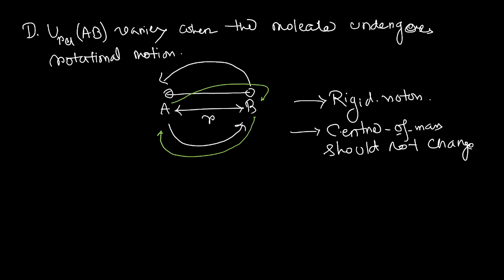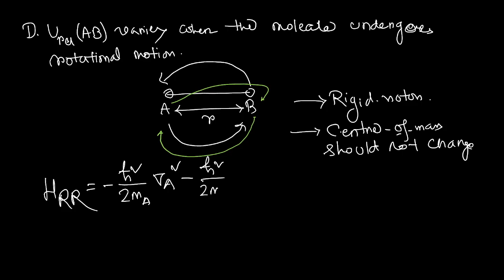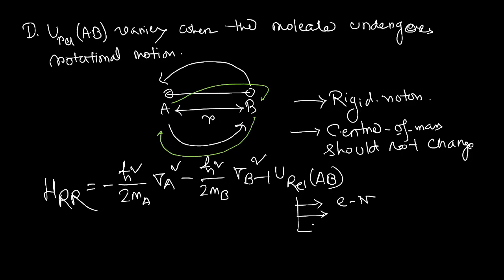Okay, so what they said, for a rigid rotor case, the Hamiltonian of the system can be written as, now this part actually depends on three factors: electron nuclear attraction, electron repulsion, and nuclear repulsion.